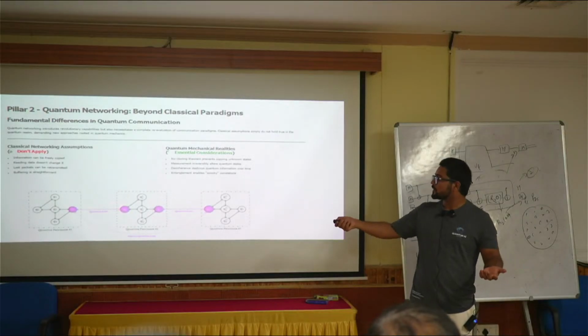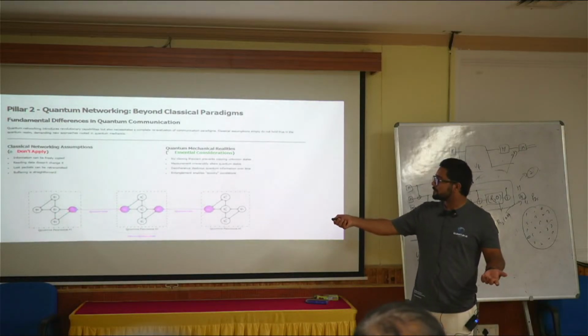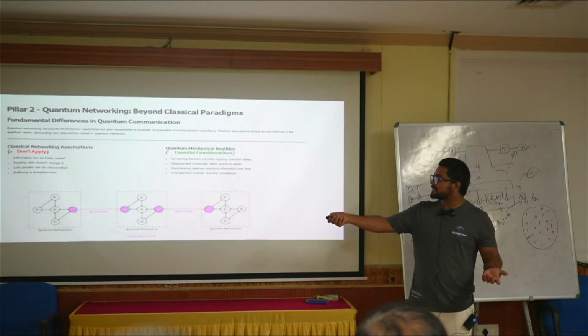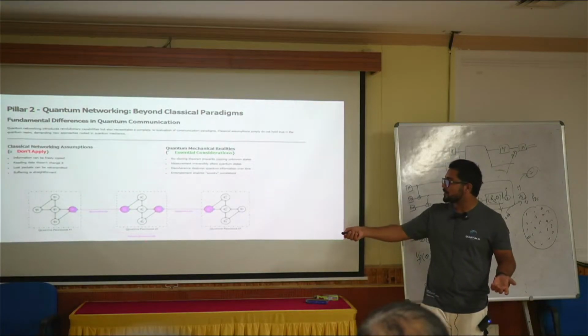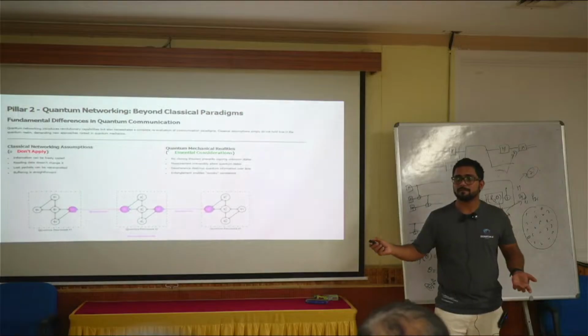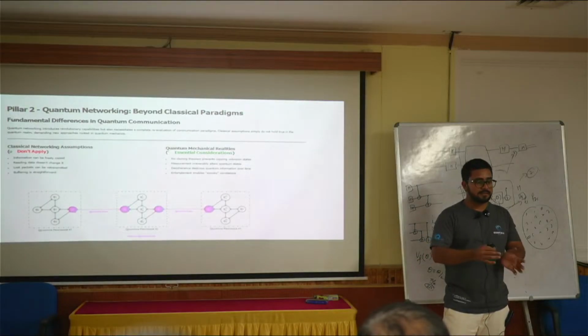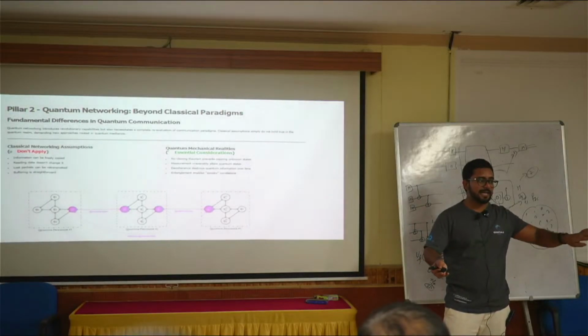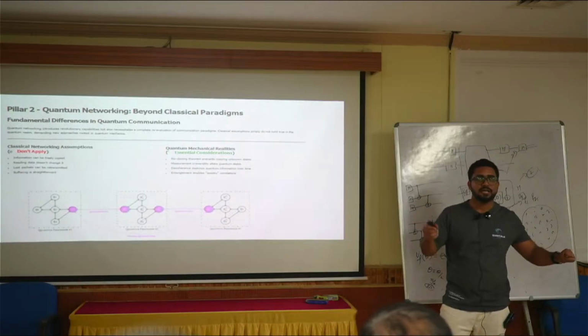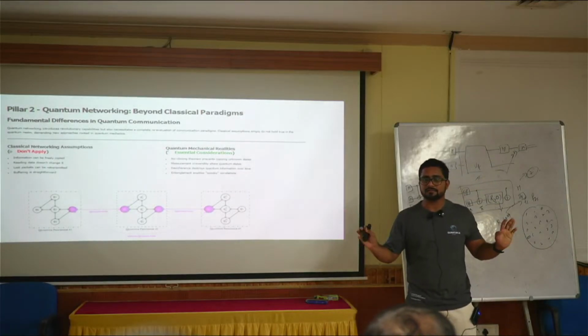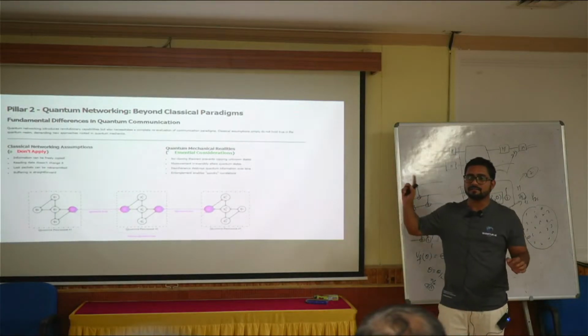So you can also connect processors without any direct optical fiber, which is called a virtual quantum link. So what we discussed: multiple quantum processors, types of qubits involved, computing and communication. Direct link is quantum link, indirect link is virtual link.